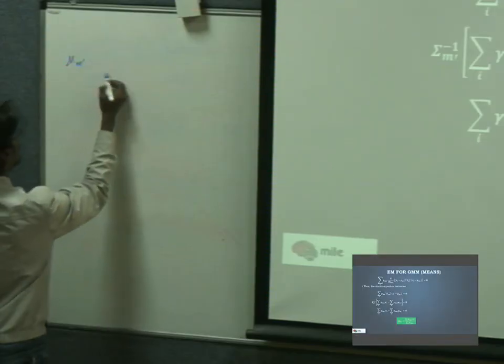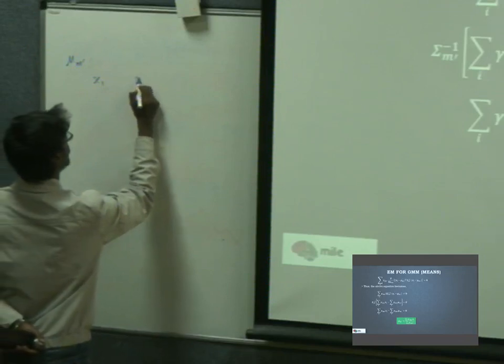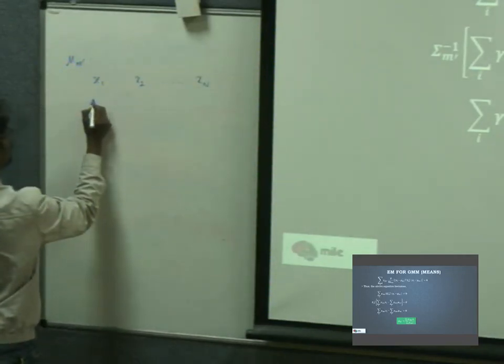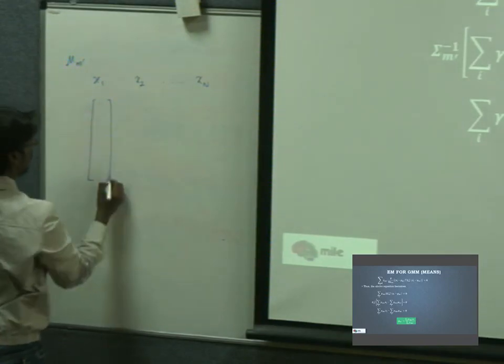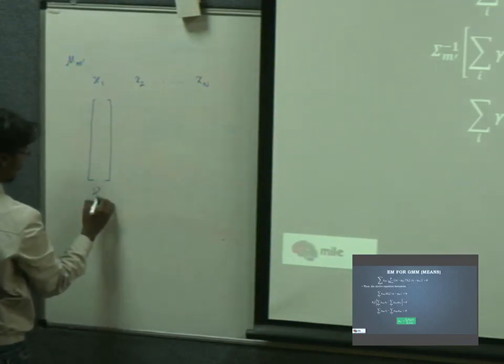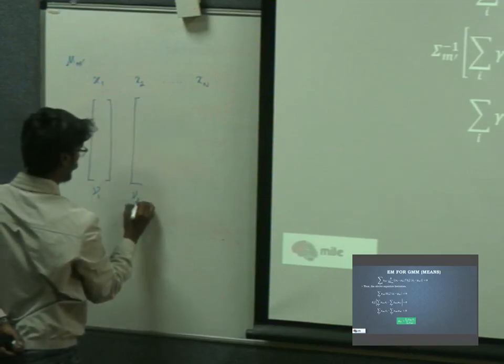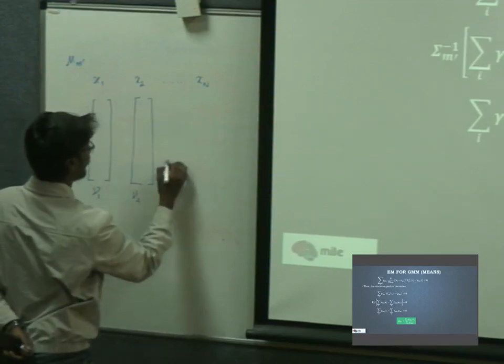To give an intuition of what this mean vector is, consider these samples x1, x2, and so on, and you have the posteriors gamma 1, gamma 2, and so on up to gamma n.